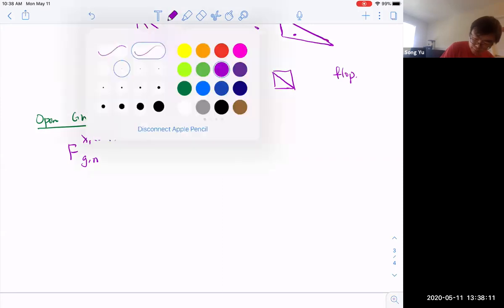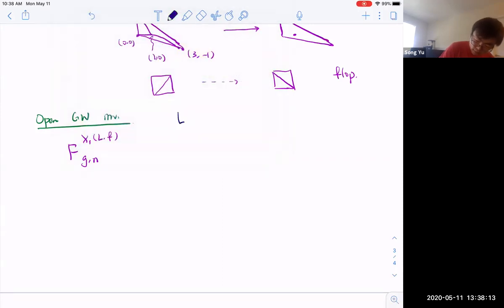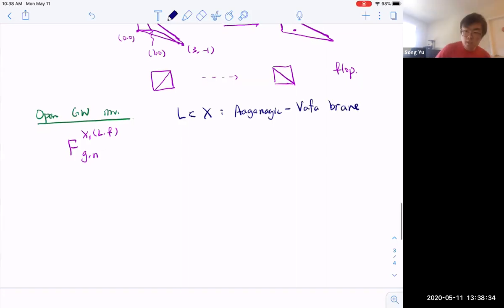So here, L is a Lagrangian suborbifold in X, which is called the Aganagic-Vafa brane. Yeah, so it's a Lagrangian suborbifold.